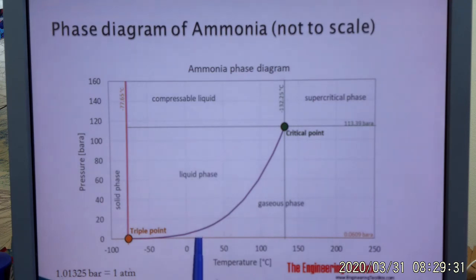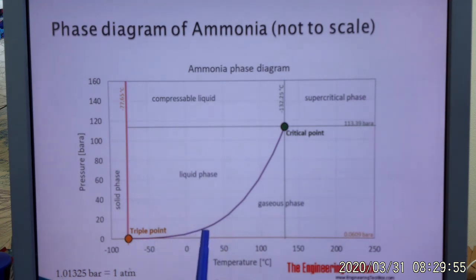If we wanted liquid ammonia, either we have to be really cold, minus 78 degrees or colder, because we want to get down to this phase right here at 1 atmosphere. Or if I wanted to get to the liquid phase, I can increase the pressure.